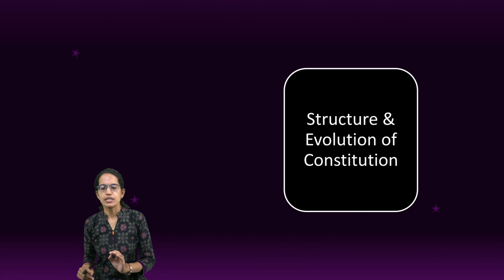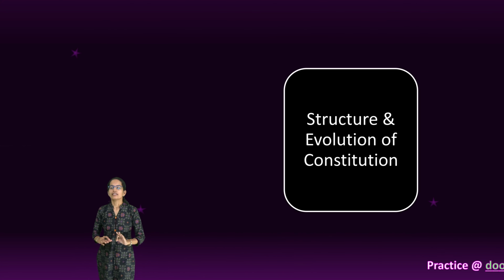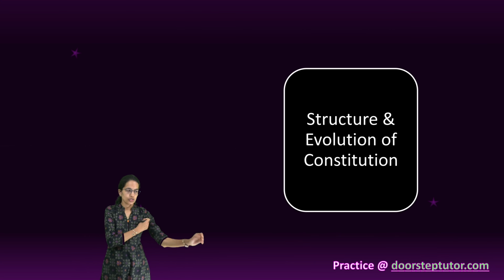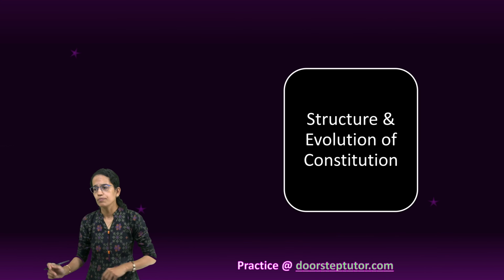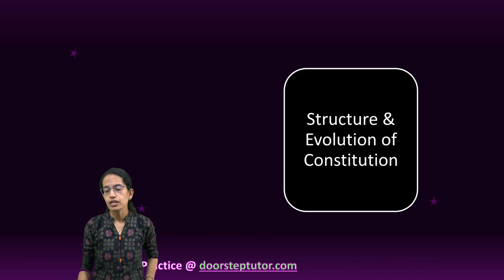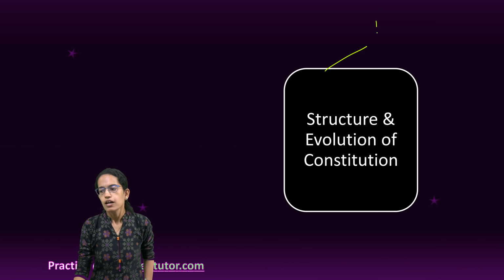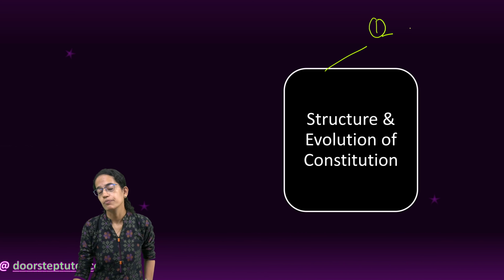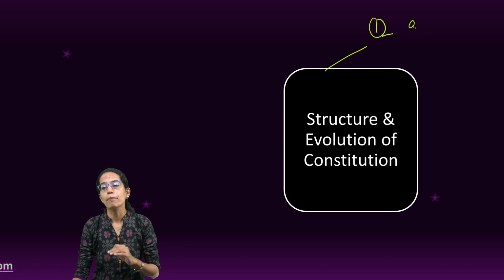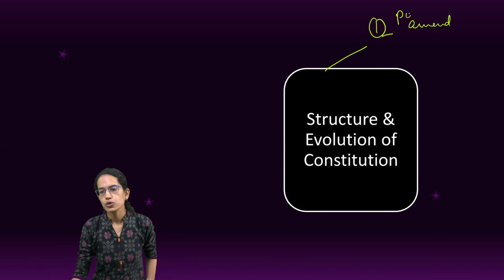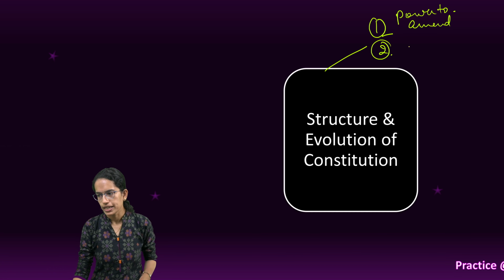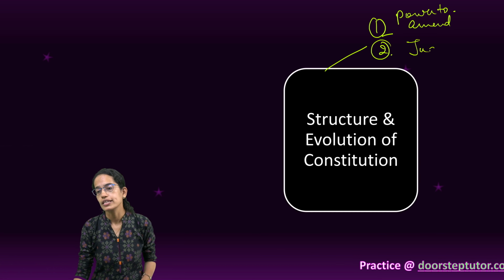The next important thing that we need to understand is the structure and the evolution of the Constitution. Now, Keshav Nandan Bharati's ruling has been brought about in some specific ways. First, it has set the specific limit of the Parliament's power to amend the Constitution. So, power to amend the Constitution is one. The second is it has placed judiciary as the final authority.